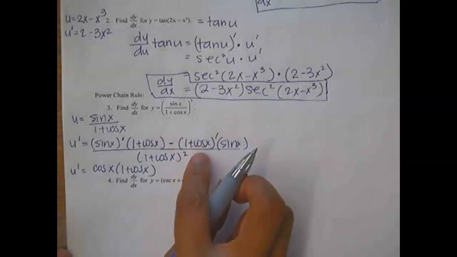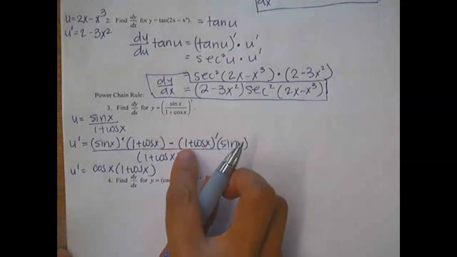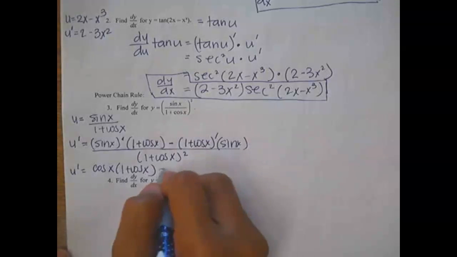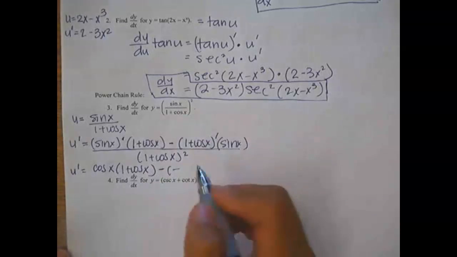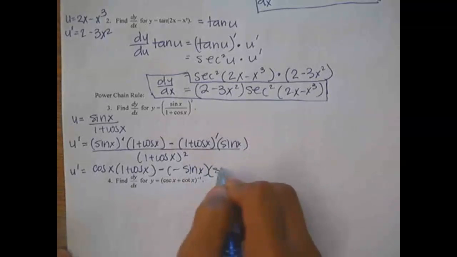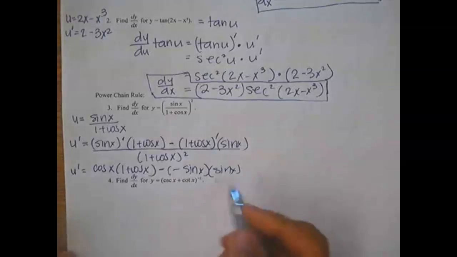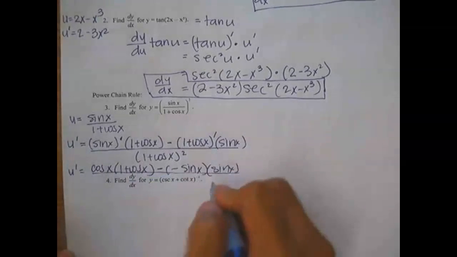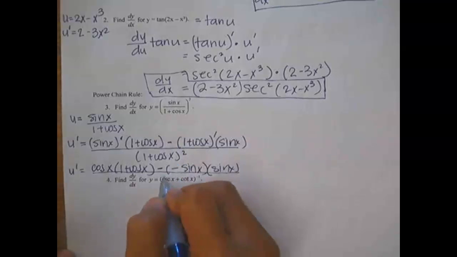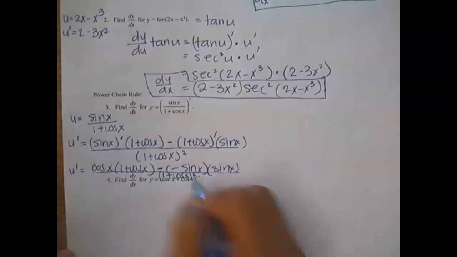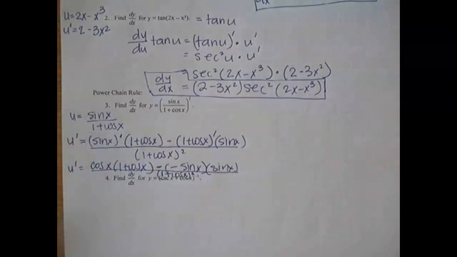Then the derivative of this piece, the derivative of 1 is going to be 0. The derivative of cosine is going to be negative sine of x. Then I'm going to multiply this back to this sine of x in the back. And all of this, guys, is still over 1 plus cosine of x squared. Okay? It's still over that piece.